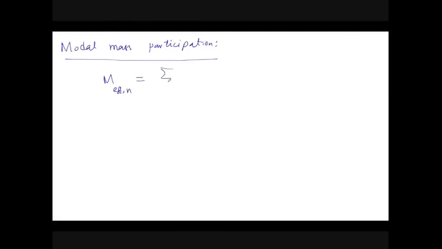That will be equal to the sum of Mi phi n, where Mi is the floor mass and phi n is the mode shape, and then this numerator is squared, divided by again the sum for i equal to 1 to n of Mi phi n squared.